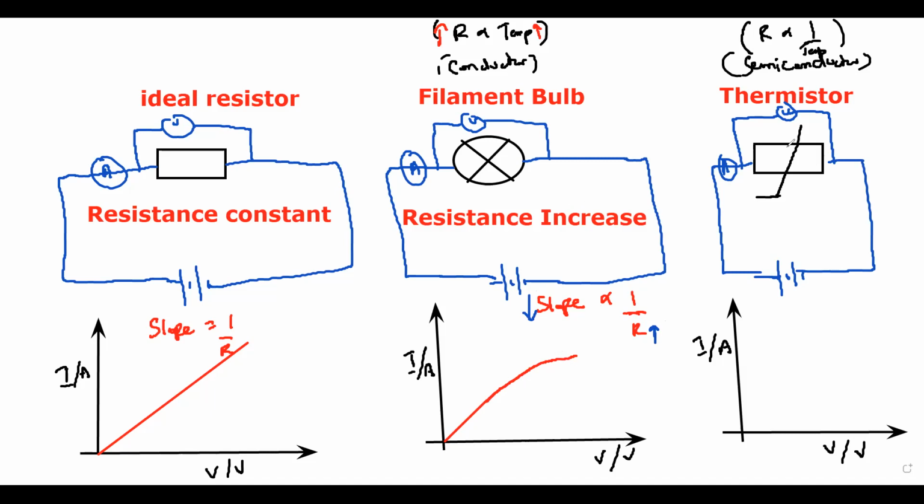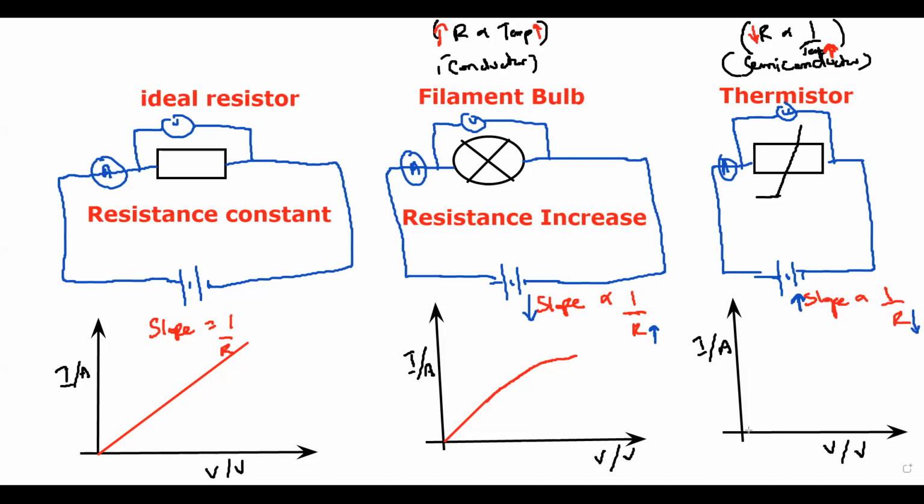And for a thermistor, thermistor is a semiconductor. When we pass the current, current produces heat. And because of that heat, due to the heating effect, the temperature increases. So when the temperature increases, what happens to the resistance of a thermistor? That decreases. And here also, what does slope represent? Slope is reciprocal of the resistance. So as the resistance decreases, the slope will start to increase, because when current is on y-axis and voltage is on x-axis, the slope is reciprocal of the resistance.